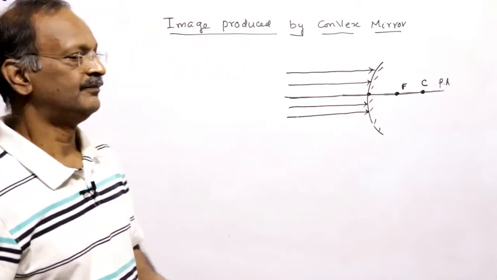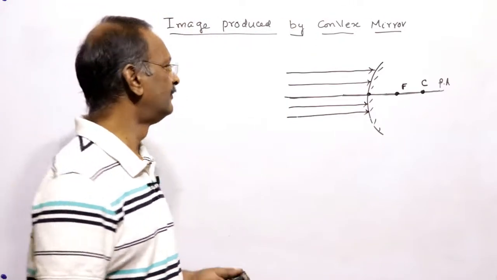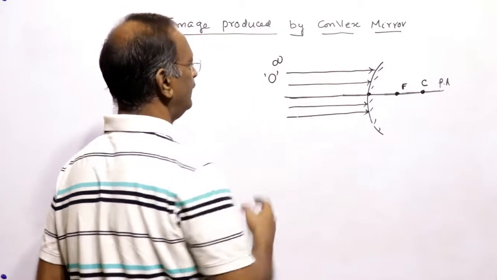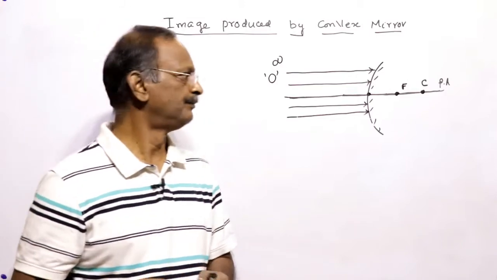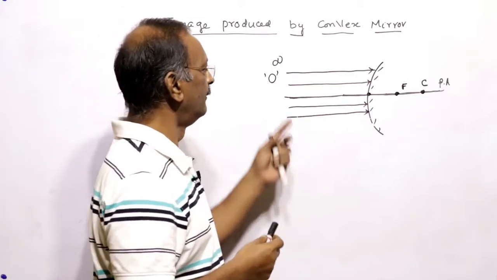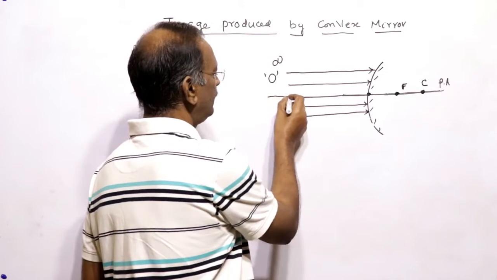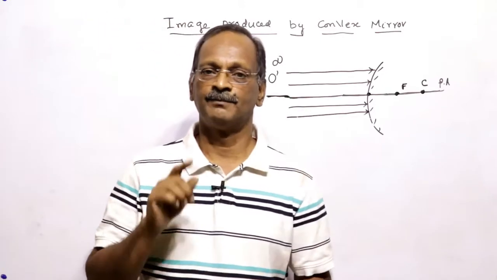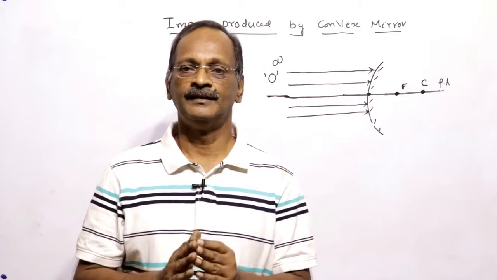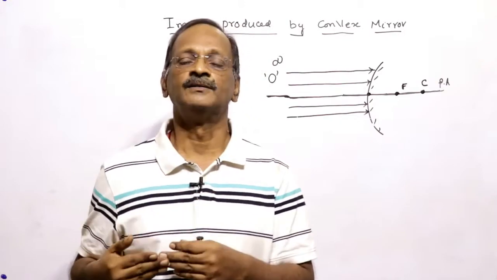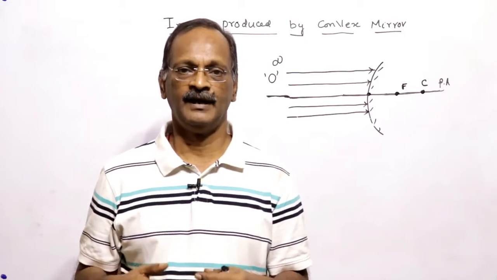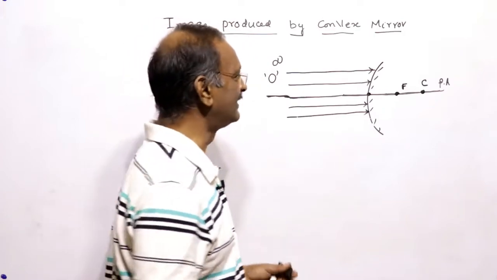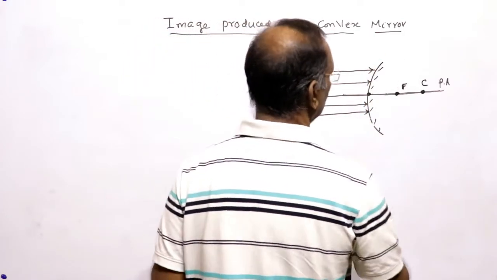In a convex mirror, when rays are coming from infinity, the rays are parallel to the principal axis. So, when rays are parallel to the principal axis, they will pass through the focus in case of a concave mirror, and otherwise they will appear to pass through the focus in case of a convex mirror.